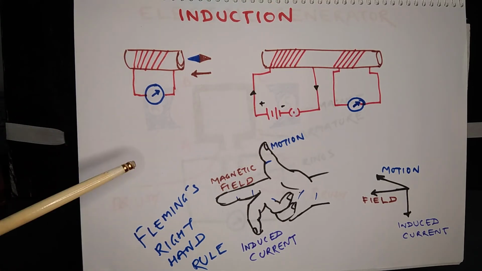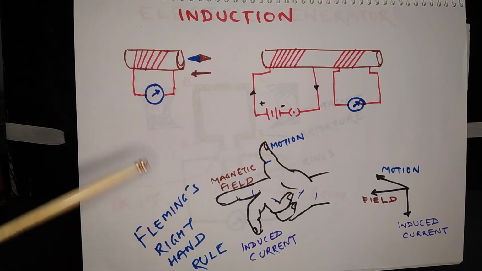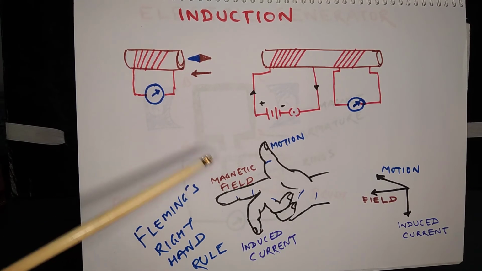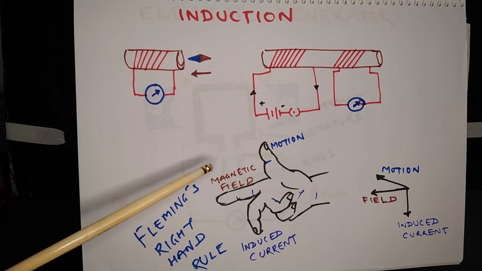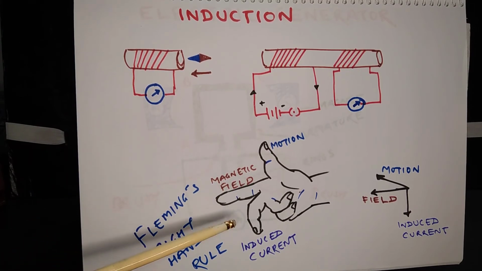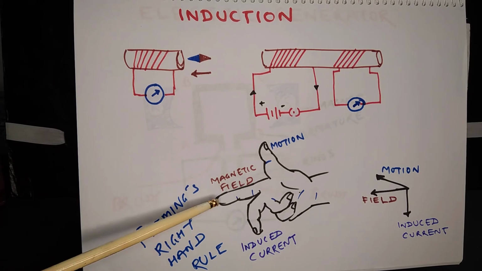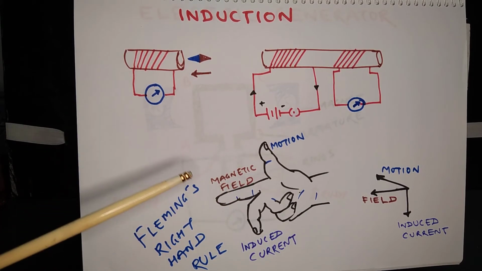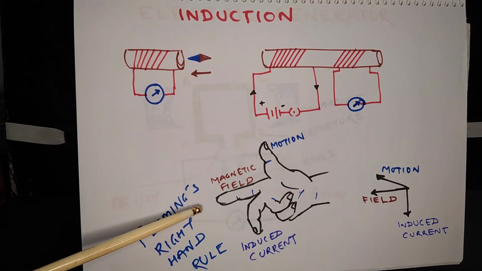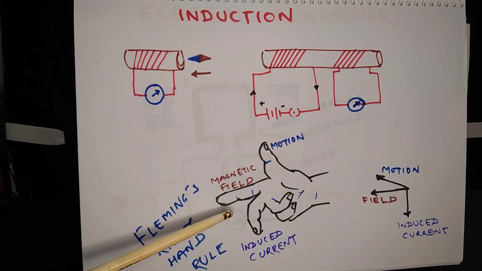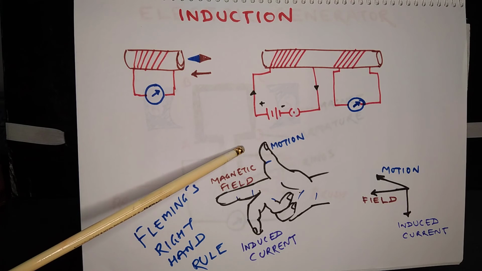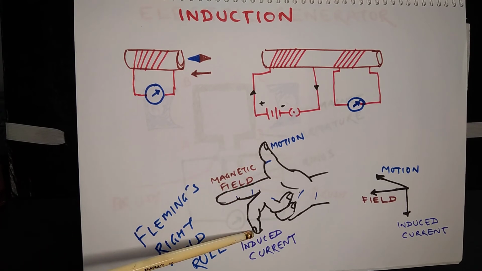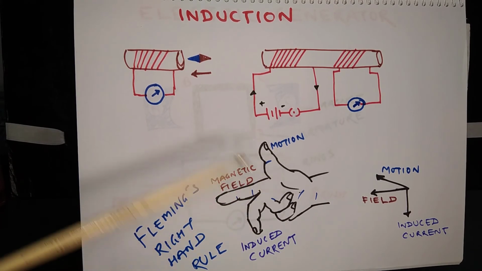To explain this, there is a law called Fleming's right hand rule. So now put your right hand in a way that your thumb, index finger and middle finger are in mutually perpendicular directions. So they are making x, y and z axes. If the index finger is pointing towards the magnetic field, and the thumb is pointing towards the motion, then the middle finger points towards the direction of the induced current.